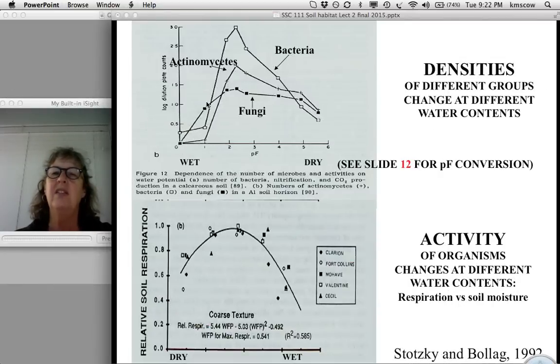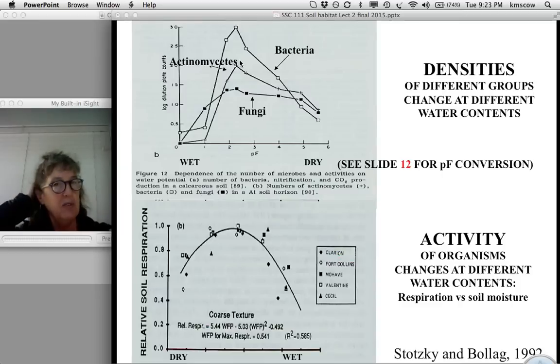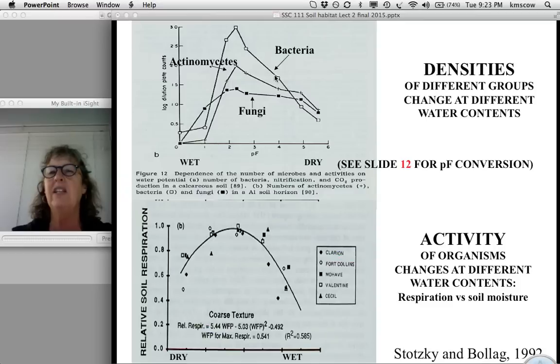And then as the soil goes towards field capacity, you're going to get these increases in all groups of organisms. But then as the soil starts to get drier and drier, you see the bacteria and the actinomycetes drop off, and the fungi are actually not dropping off as precipitously from their peak as are, for example, the bacteria. And this picture here shows you respiration, relative respiration.